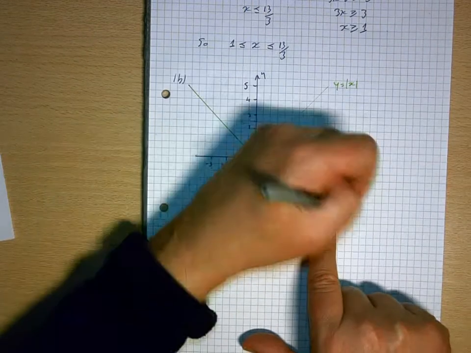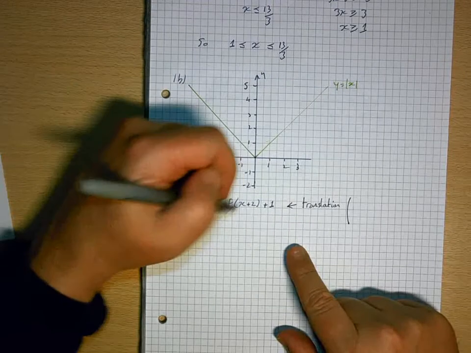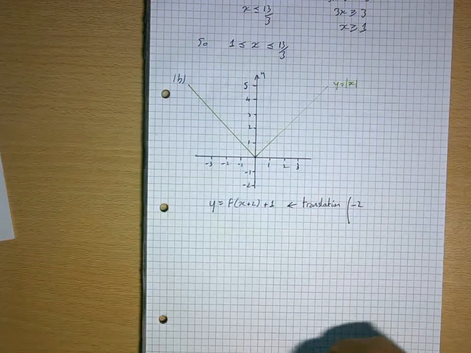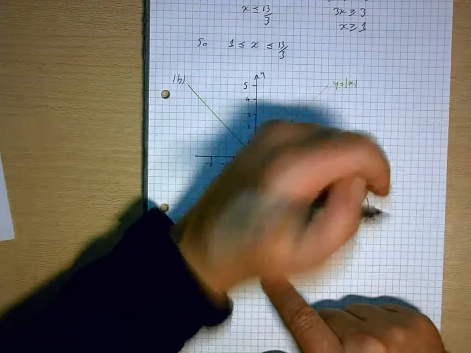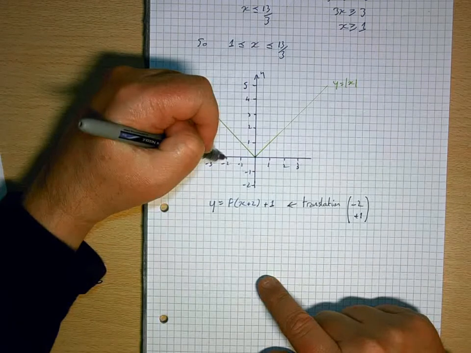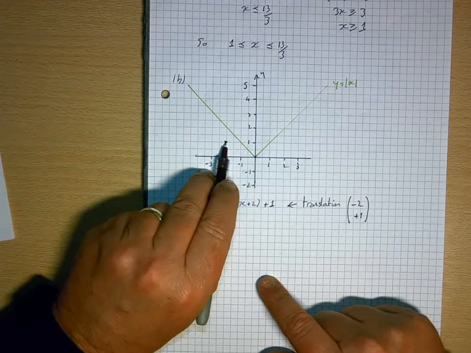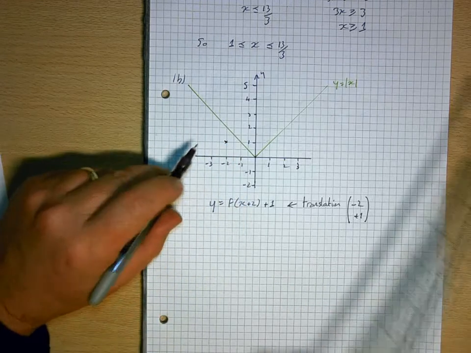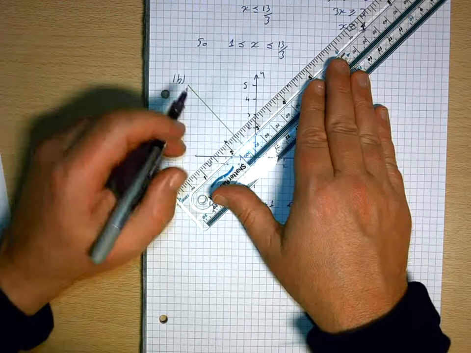It's going to move the graph, and when you write a translation, it's a column vector, and it's going to move it minus 2 units in the x direction and plus 1 unit in the y direction, which is going to take it to there. So that point reaches there, and then everything else is parallel to where it was originally.